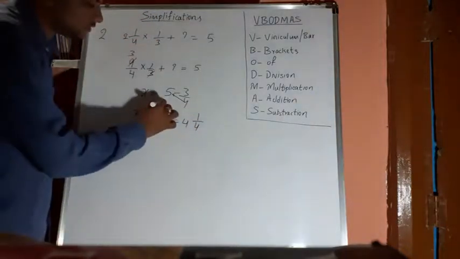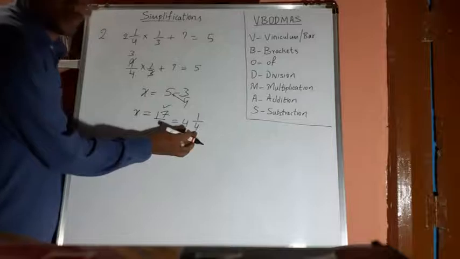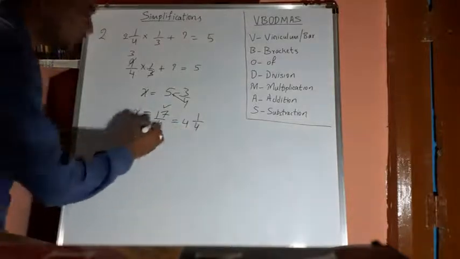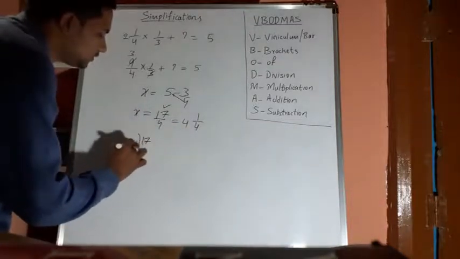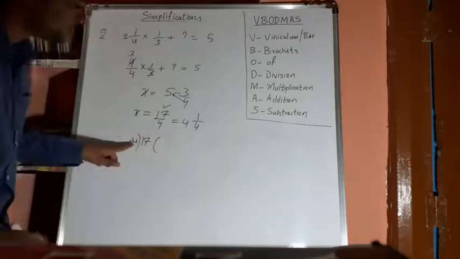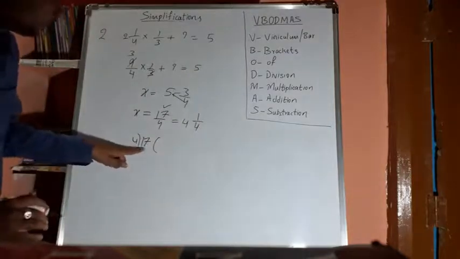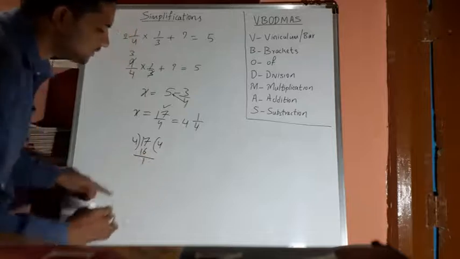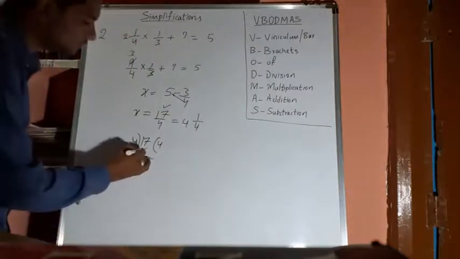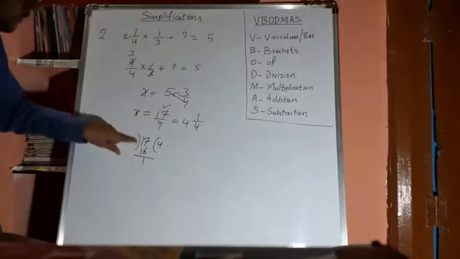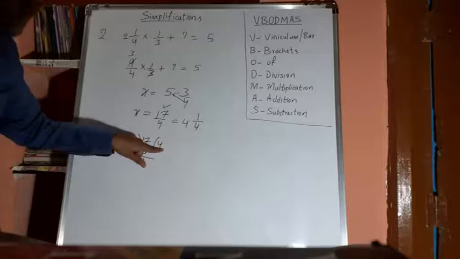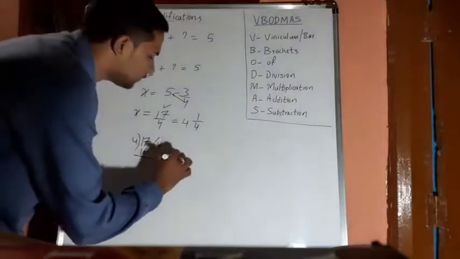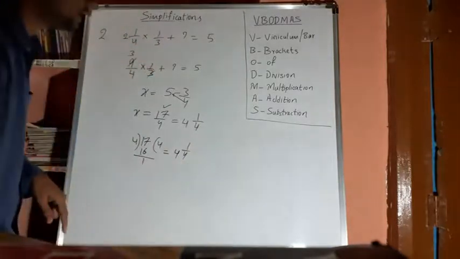If this is not there in the answer, you have to go for this form. If you don't know how to do it, just do the simple division. Divide 17 by 4, 4 fours are 16, remainder is 1. So 1 divided by 4, and the quotient is 4. You just write like this: 4 integer 1 by 4. That's what I have done.